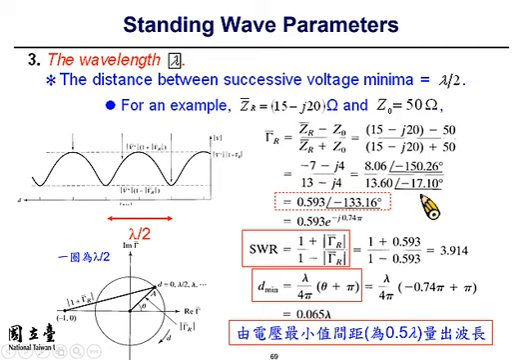As you can see from the standing wave pattern, it's a periodic signal, so you have the same distance between two voltage minima as between two voltage maxima. However, as I already mentioned, it's easier to identify the voltage minimum. So in general, we use the voltage minimum to find out the length of the wavelength.